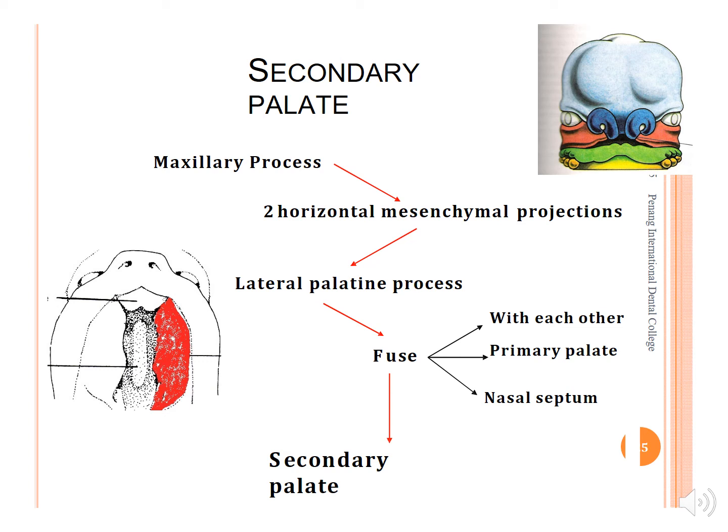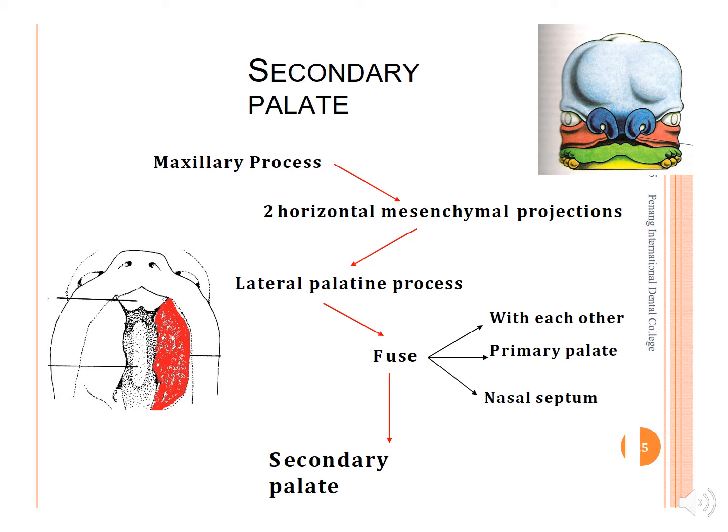As the face grows in an anterior posterior dimension, the primary palate soon is too short to provide adequate separation between the nasal cavities and the oral cavity. A new structure, the secondary palate, develops to further separate these cavities.